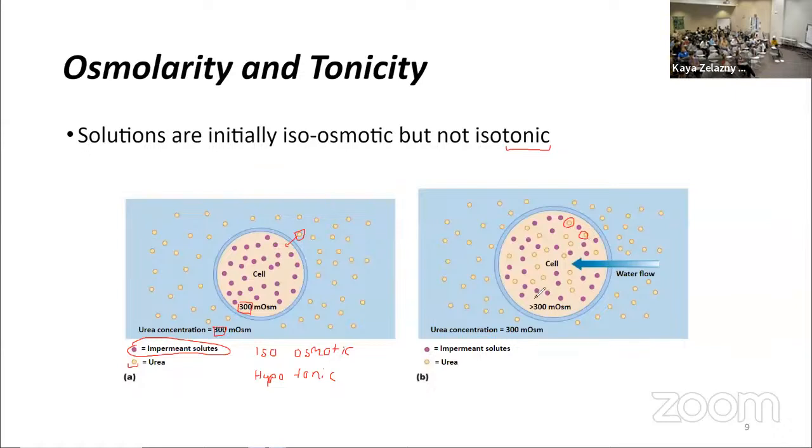This has raised the total osmolarity of the inside of the cell. So now we're above 300 milliosmoles inside the cell, because now we have that impermeant solute, and we also have the urea. So now we have a pull on water, because in addition to being a hypotonic solution, it's now a hypoosmotic one.